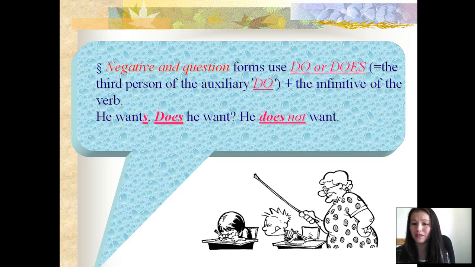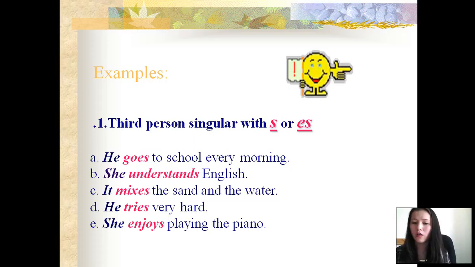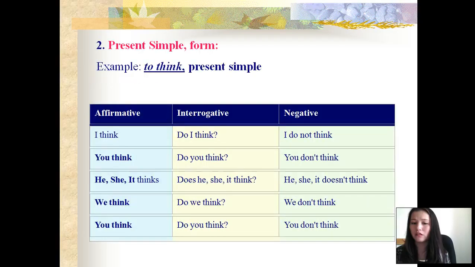It is a positive sentence, but when it is a question, we use does he want, or he doesn't want. For example, third person singular with s or es. He goes to school every morning. She understands English. It mixes the sand and the water. He tries very hard. She enjoys playing the piano.